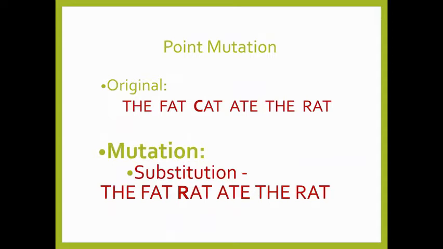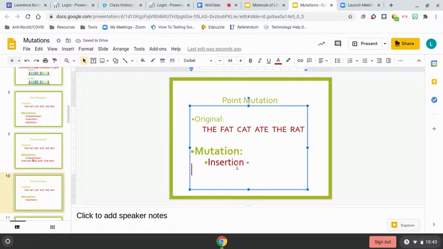Okay, this will be for number 5. Next, we'll talk about an insertion. An insertion is exactly what it sounds like. It inserts a base in there. But keep in mind that we keep having to read in this 3-letter format.